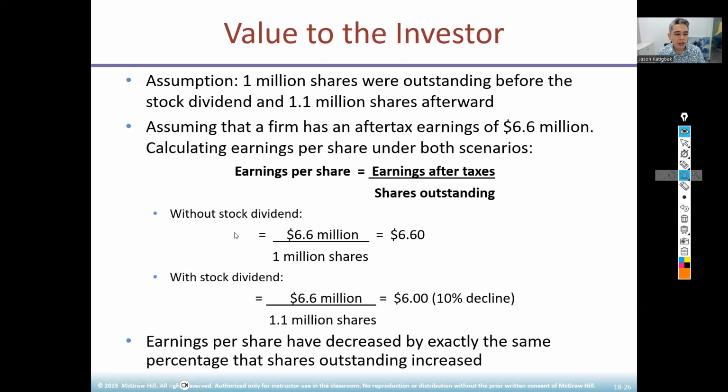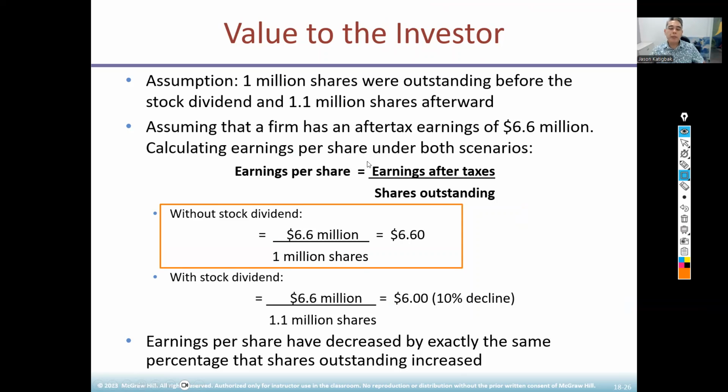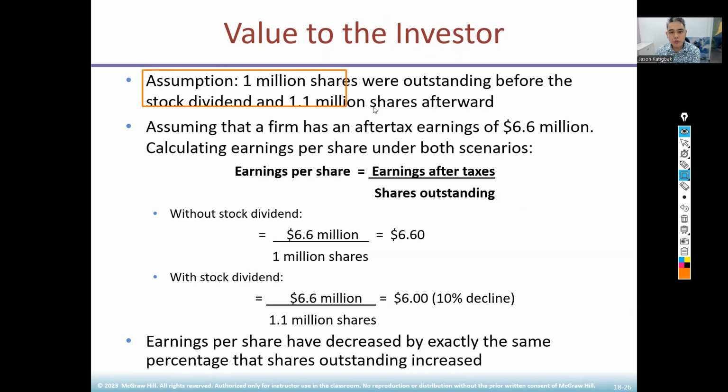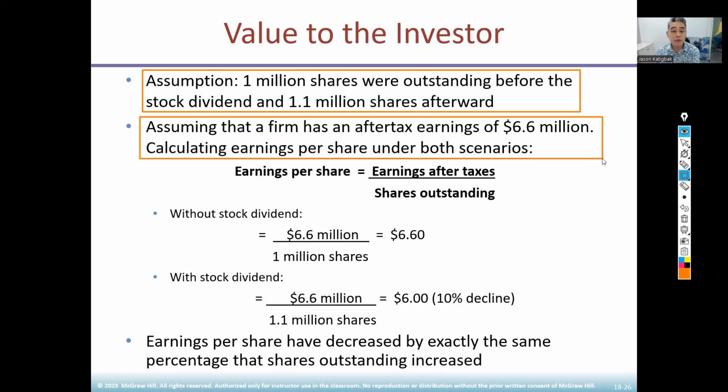So what's the impact of a stock dividend with regard to earnings per share? Let's just do it this way. Assumption one, 1 million shares were outstanding before the stock dividend, and then 1.1 million afterwards, as we've seen a while ago. Assuming that the firm has an after-tax income of 6.6 million, how does it impact?